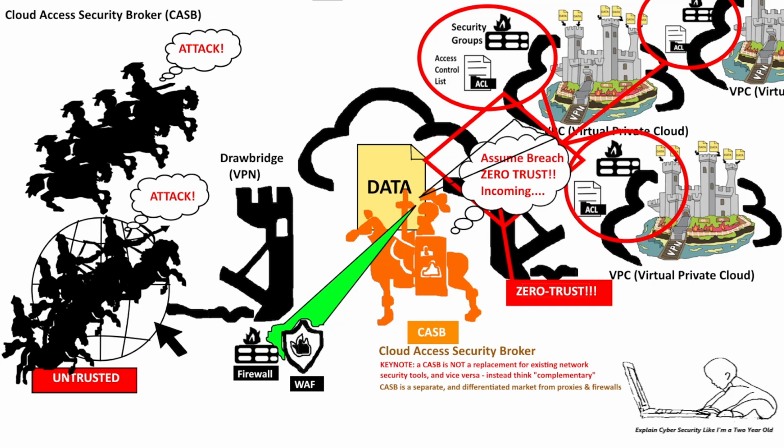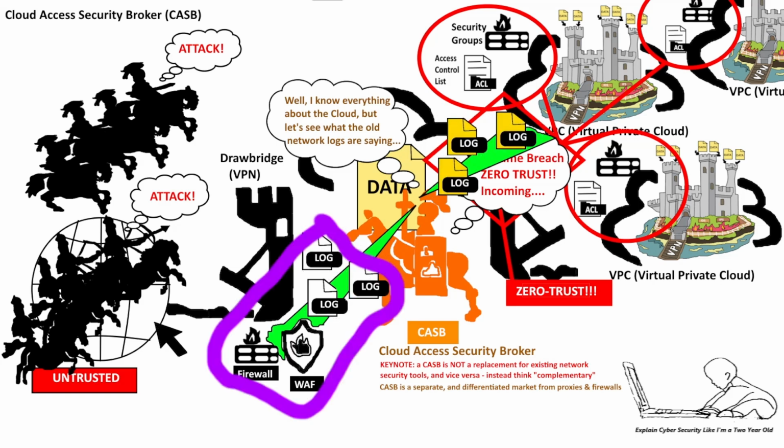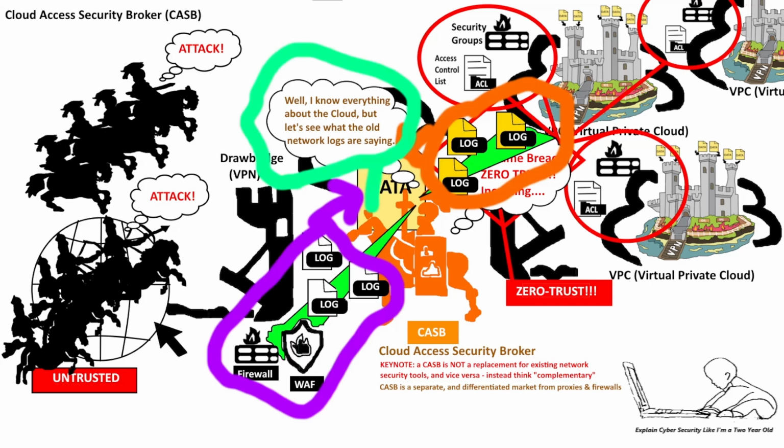You see, a CASB can ingest log files from these traditional solutions, and then combine and match them with its own comprehensive technical cloud security logs, and indirectly can perform a gap analysis on enforcement gaps with security controls and policies. And this is important to remember because a cloud access security broker was created to fill the gap that traditional network infrastructure could not fill when the cloud became the real deal.